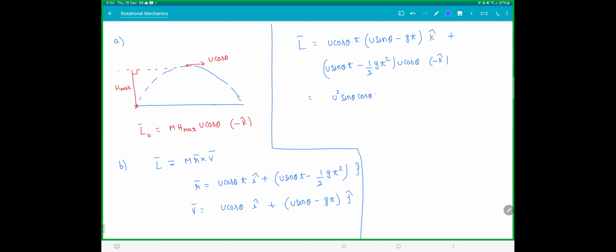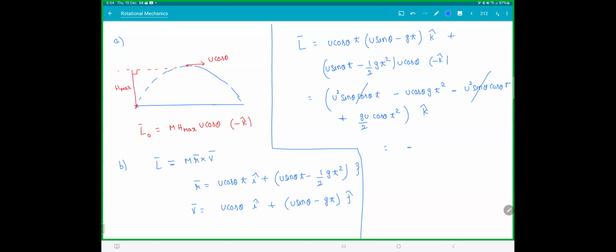u square sin theta cos theta t minus u cos theta g t square by 2, minus u square sin theta cos theta t plus g u cos theta t square by 2, this whole into k cap. This guy goes off.